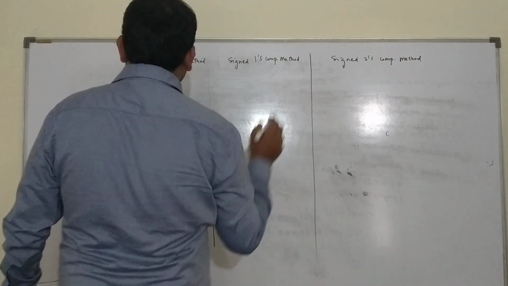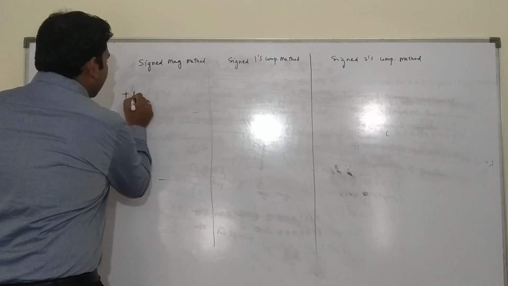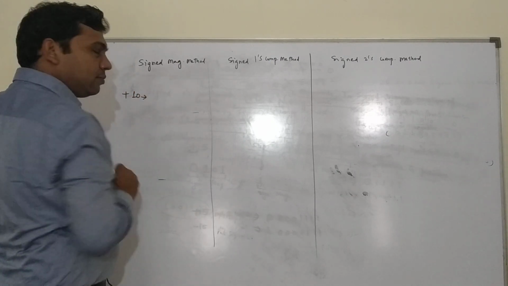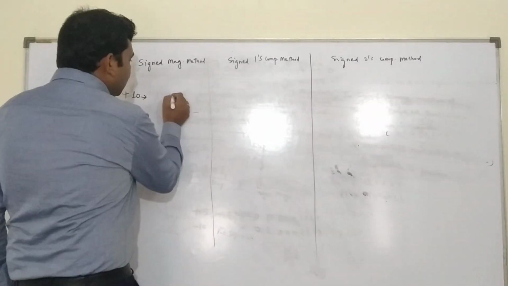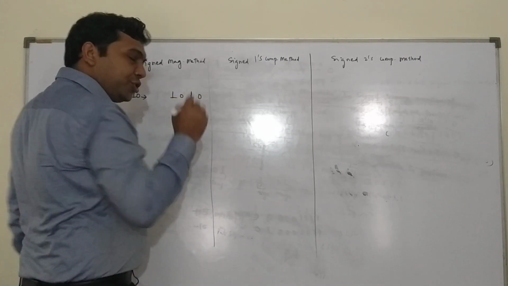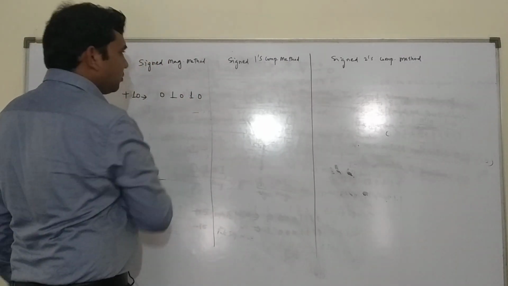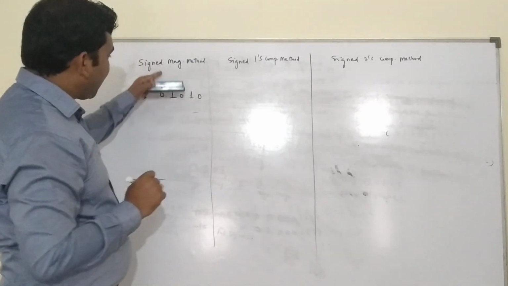And let's say I want to write plus 10. How to write it? Take the magnitude, put 0 for the plus. This is the sign magnitude method.